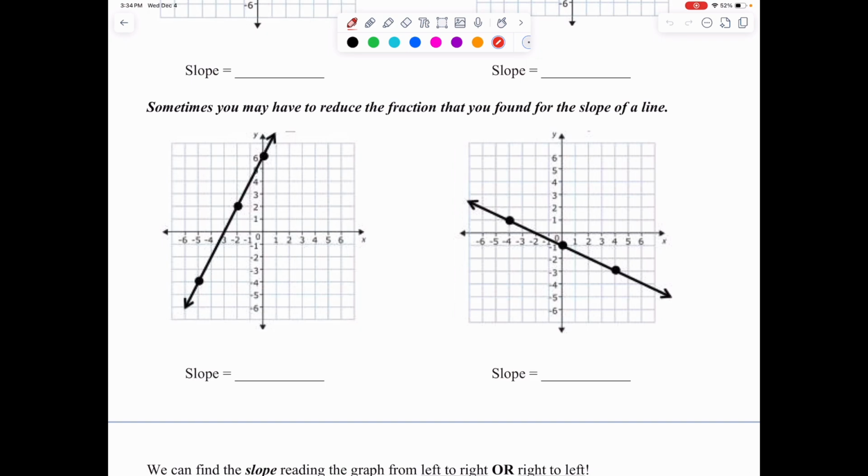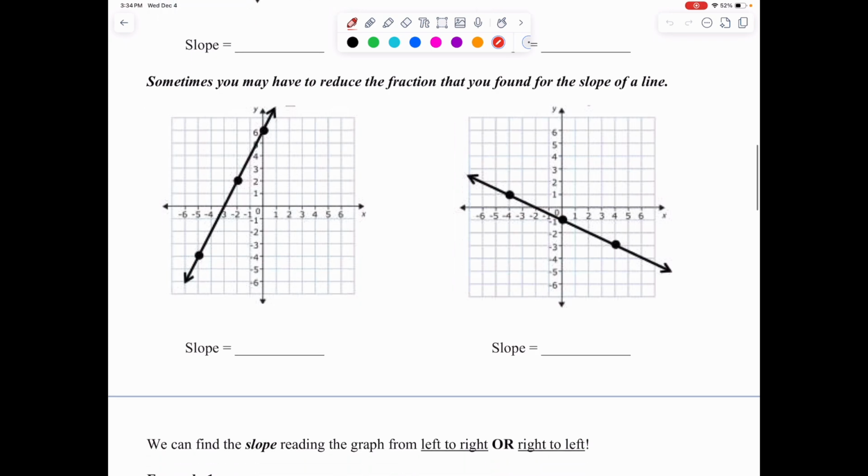Now moving forward together, sometimes you may have to reduce the fraction that you found for the slope of a line. So we're going to do this slope together, again going left to right. I see that I'm going to have to go up 1, 2, 3, 4, 5, 6 boxes because we are going by ones on the scale. So each block is worth 1. And then I still would have to go to the right 3 blocks.